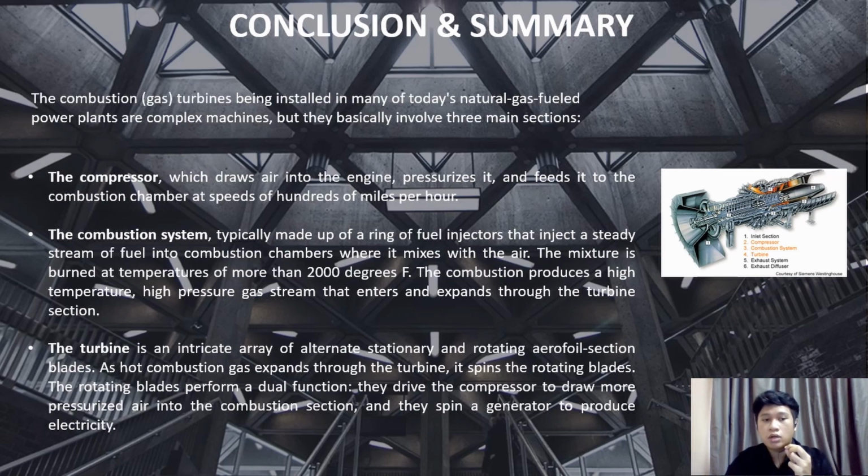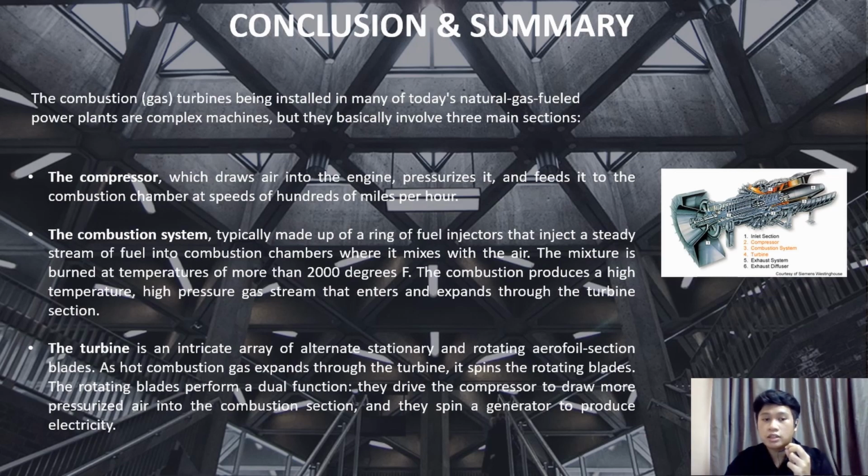The second one is the combustion system, typically made of a ring of fuel injectors that inject a steady stream of fuel into combustion chambers where it mixes with the air. The mixture is burned at temperatures of more than 2000 degrees. The combustion produces a high temperature, high pressure gas stream that enters and expands through the turbine section.